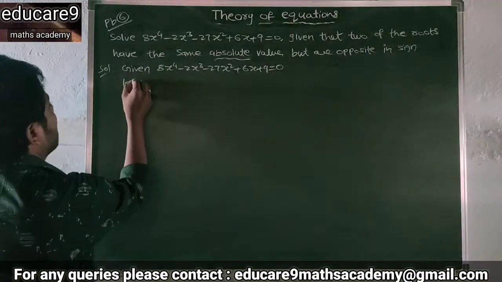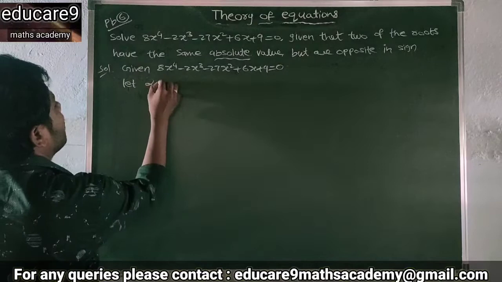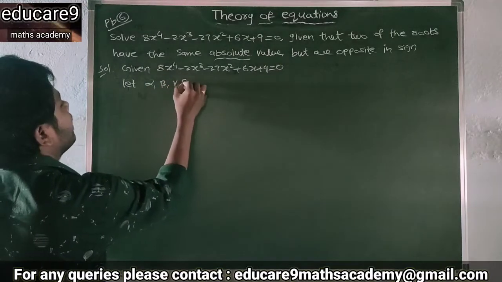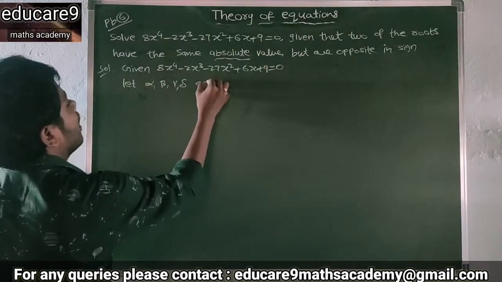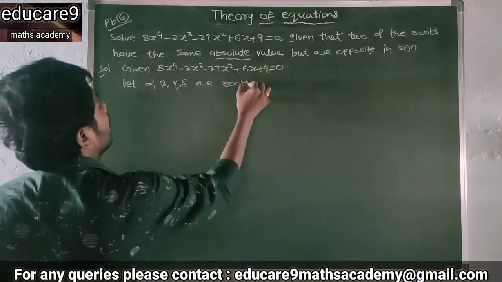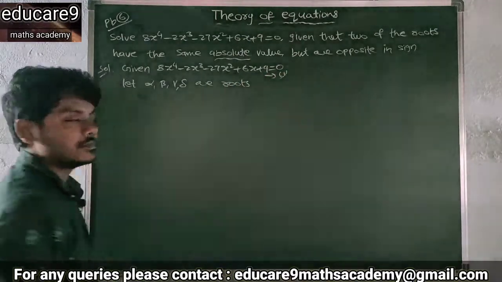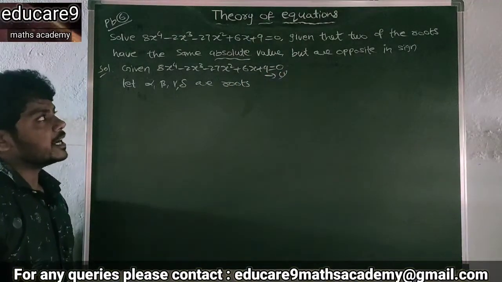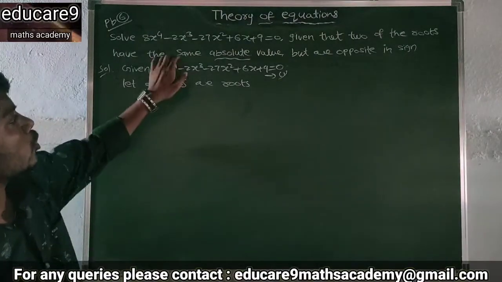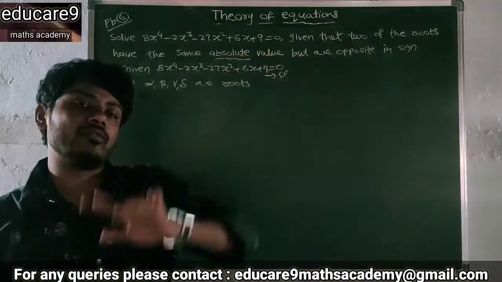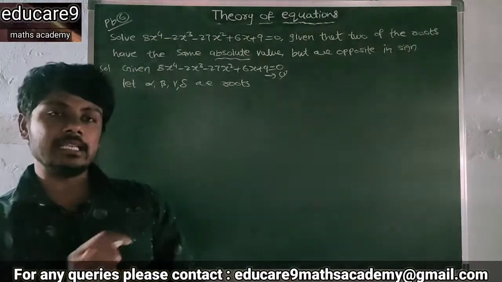So let alpha, beta, gamma and delta be the roots of equation 1. Okay. See, in that, two roots have the same absolute value but the sign is different.